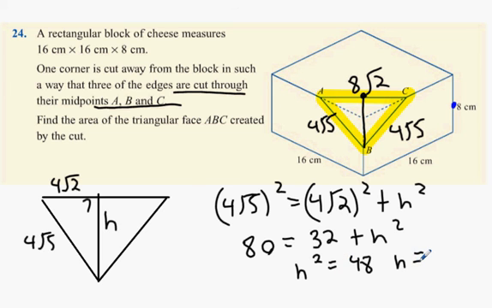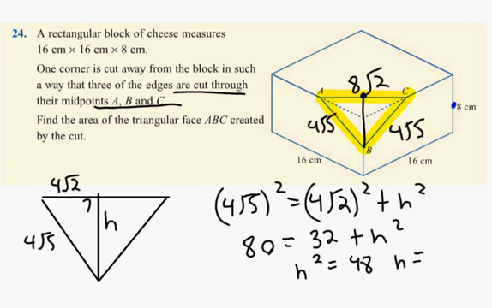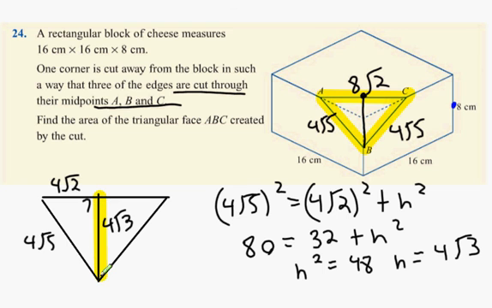Root 48, anybody? 4 root 3. Okay. Now, Whelan, if your height is 4 root 3, what's your base length? The base length is the full thing, so 8 root 2.